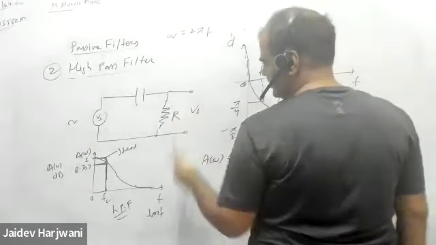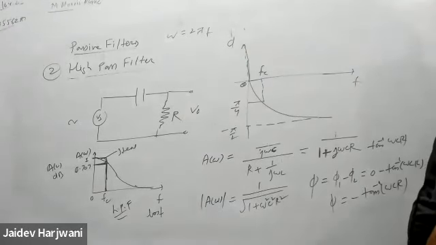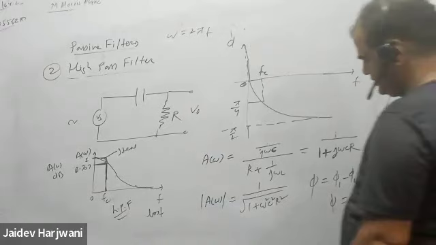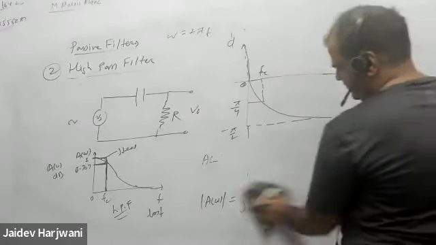You are measuring V naught. I'm erasing this and putting the heading: high pass filter.